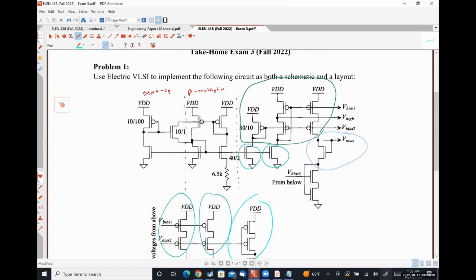design here, all of the NMOS transistors that don't have a label are assumed to be 10 by 2, which is the smallest possible NMOS transistor size. All of these PMOS transistors that are not labeled are 30 by 2, which might be too large for what we are doing, right?